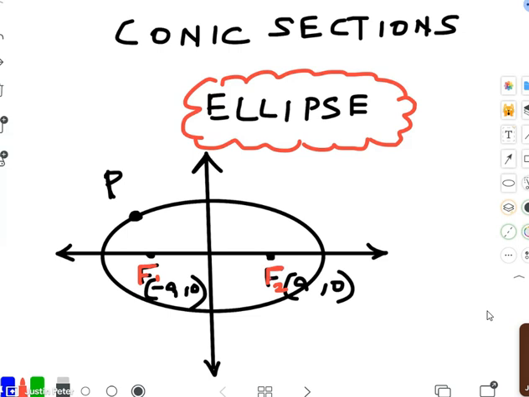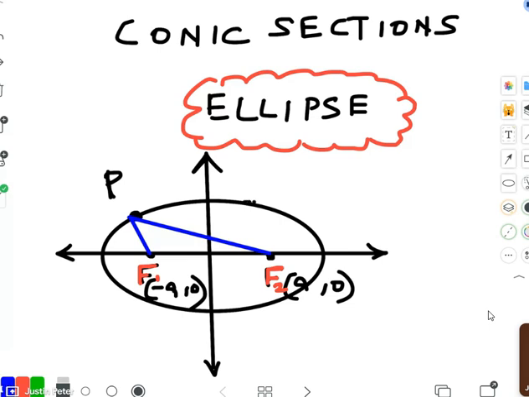Now, what is special in the ellipse? The distance PF1 plus the distance PF2 will always be the same. Let's consider another point.